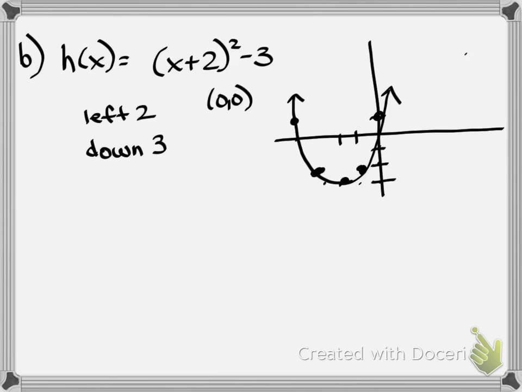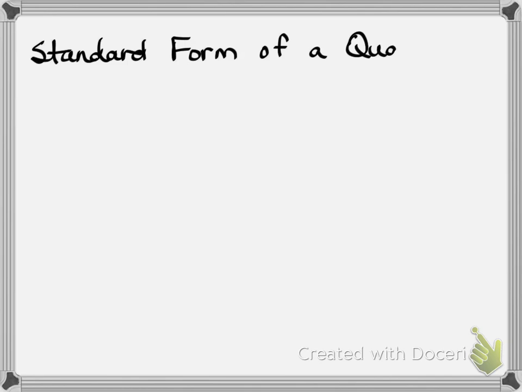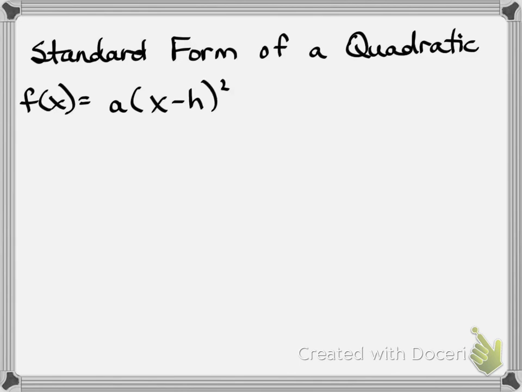All right, standard form of a quadratic. F of x equals a parenthesis x minus h squared plus k.